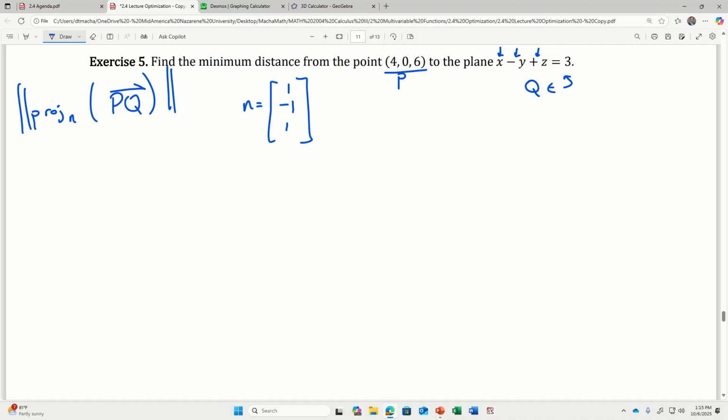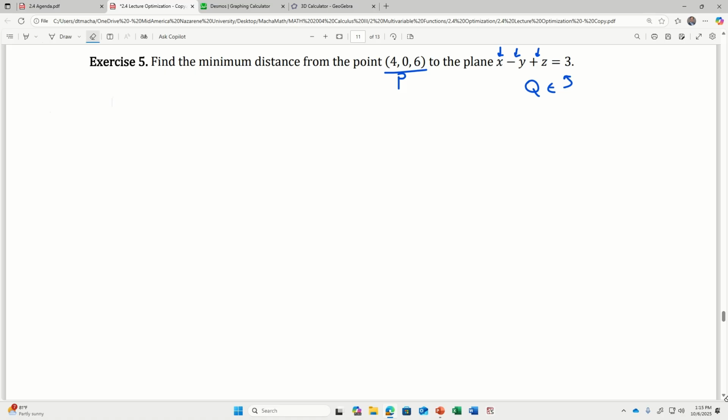That was our smart geometry way of doing it back in the first part of this class. But we're going to pretend we don't know geometry now and do it a slightly dumber way.